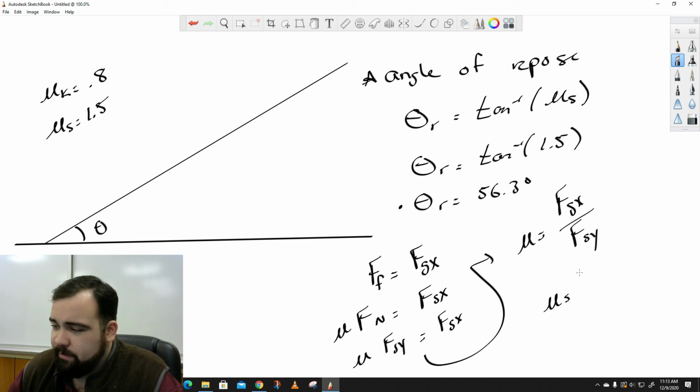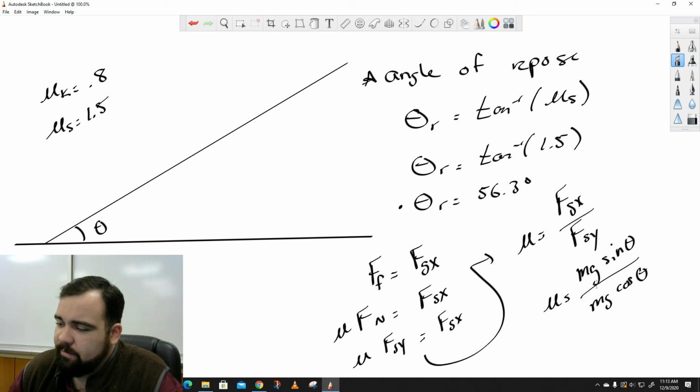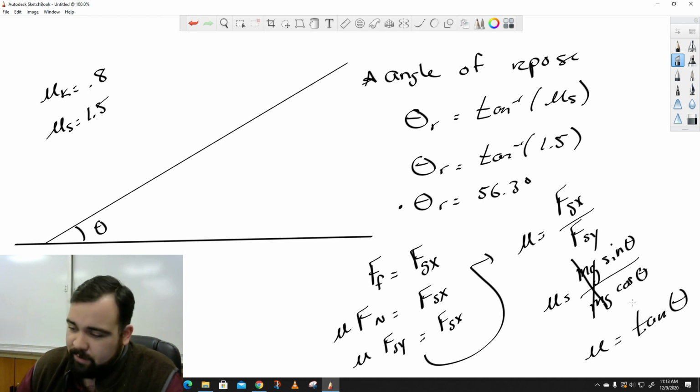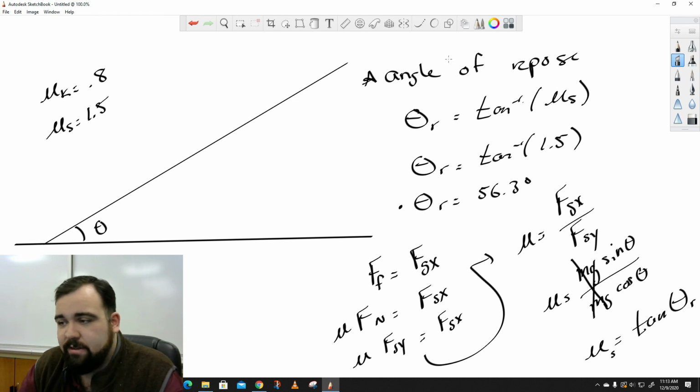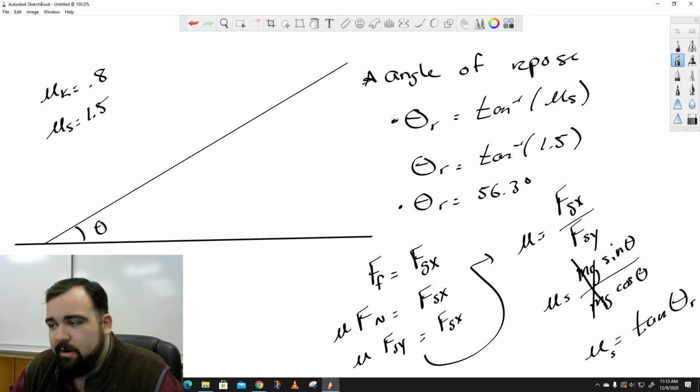And then plugging those in further, Fgx is mg sine theta, Fgy is mg cosine theta, the mg's cancel out, and sine over cosine is tangent. So you get that equation, and that equation is for static friction and for the angle of repose. So then you just have to rearrange that to get the theta r equals inverse tangent of mu s.